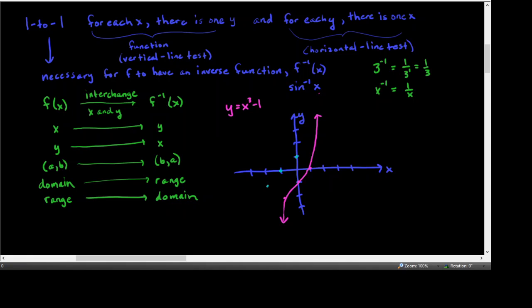And the ordered pair 2, 7 would go to 7, 2, which is out here someplace. And negative 2, negative 9 would go to negative 9, negative 2, which is way out here. And that function looks like this.